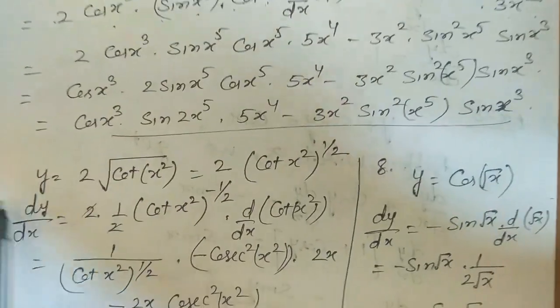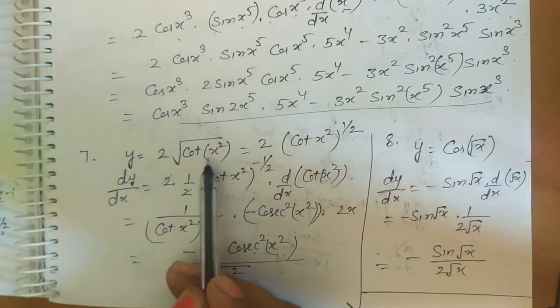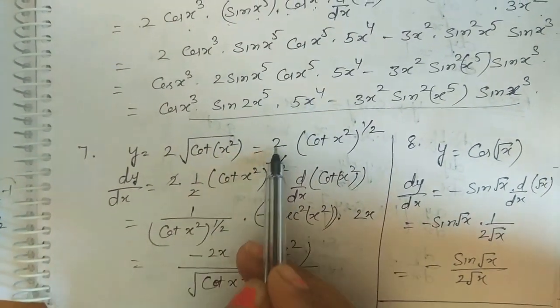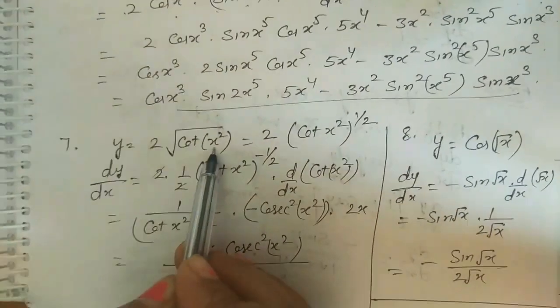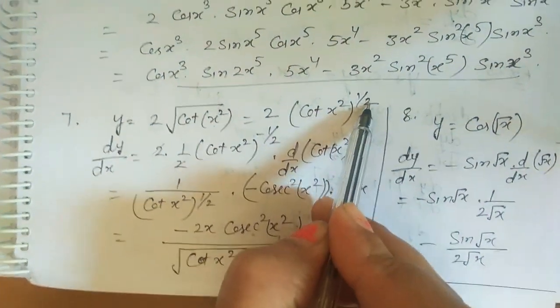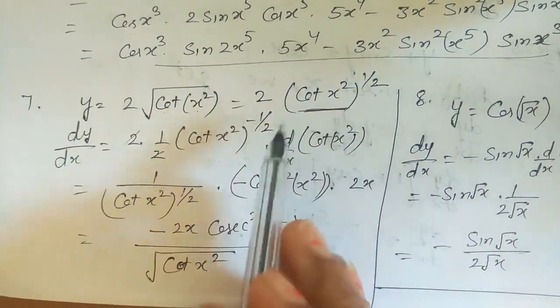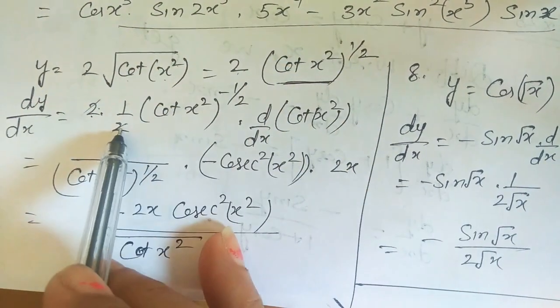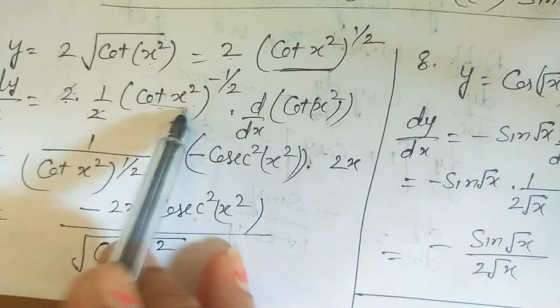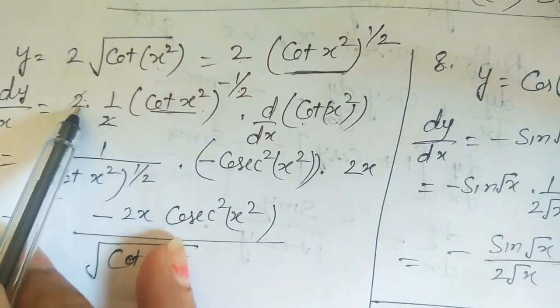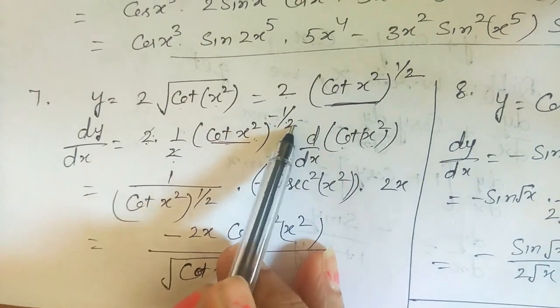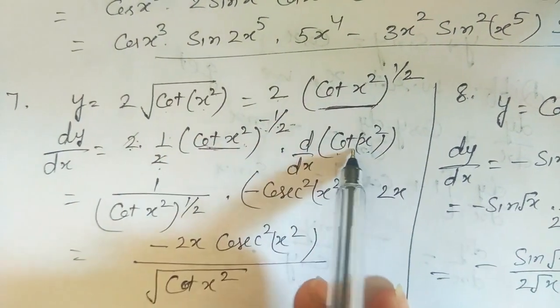Now come to the 7th question. Square root of cot x square. 2 into the square root of cot x square. So 2 constant as it is, cot x square power 1 by 2. And what is the derivative of this? First the power comes in front, 1 by 2, cot x square power 1 by 2 minus 1, which is minus 1 by 2, and then the derivative of cot x square.